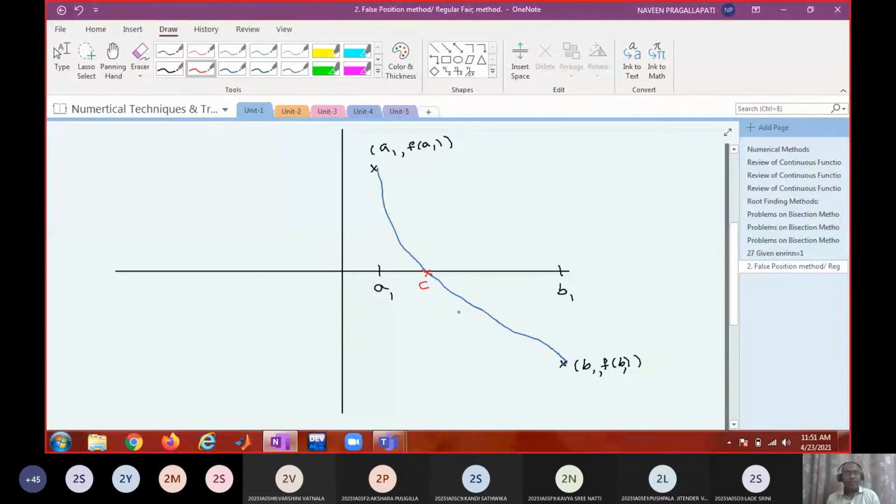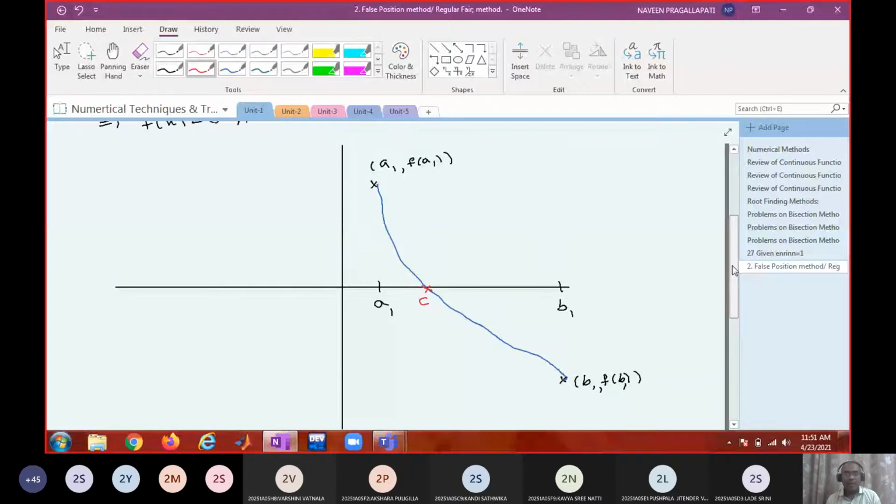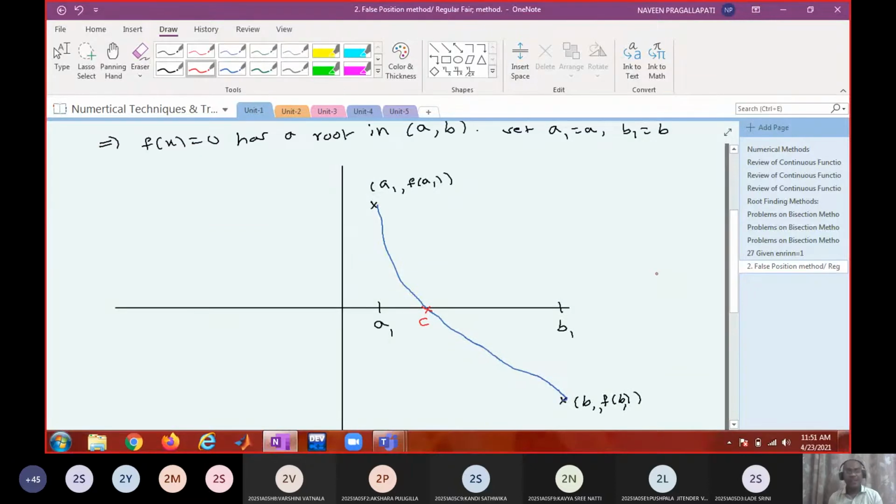Now previously we generated the sequence of approximations to the root by taking the midpoints of the intervals. Every time we selected a and b such that f of a and f of b is negative. Same thing we will be doing here. We'll be selecting a new interval always such that f of an and f of bn is negative. But the calculation of the approximation is different.